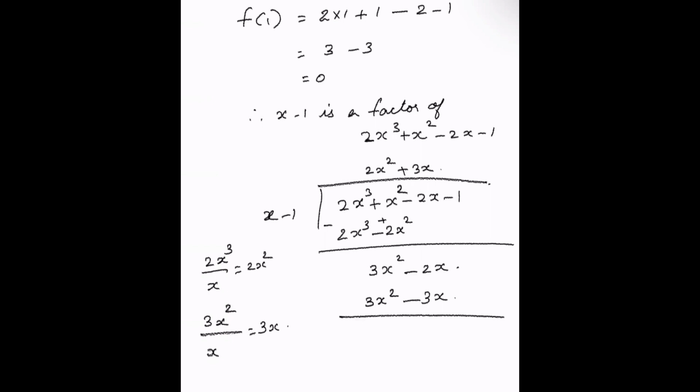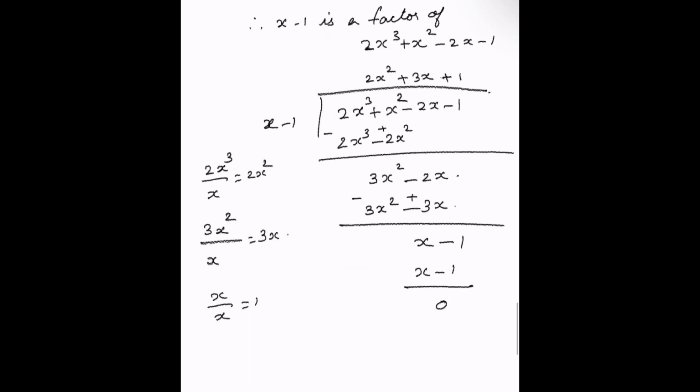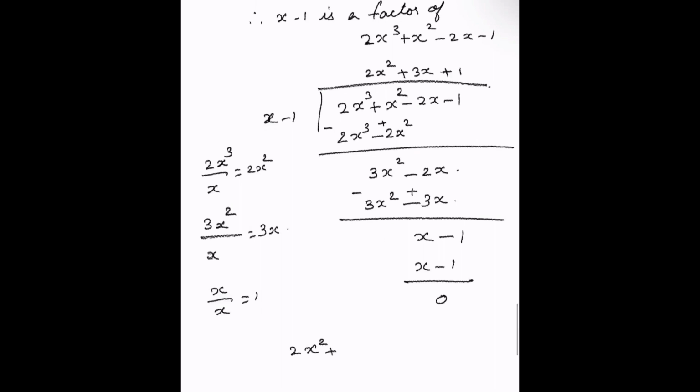Now subtract. I'm getting x minus 1. So divide x by x, which is 1. So plus 1, x minus 1, and I am getting 0 in the remainder. So I have got 2x square plus 3x plus 1.